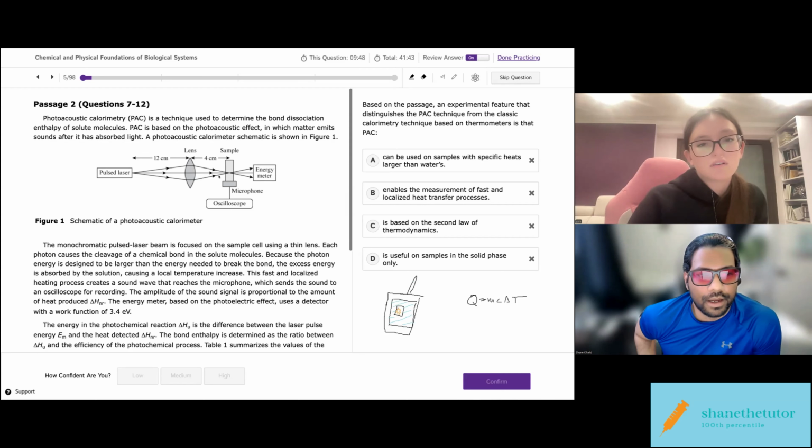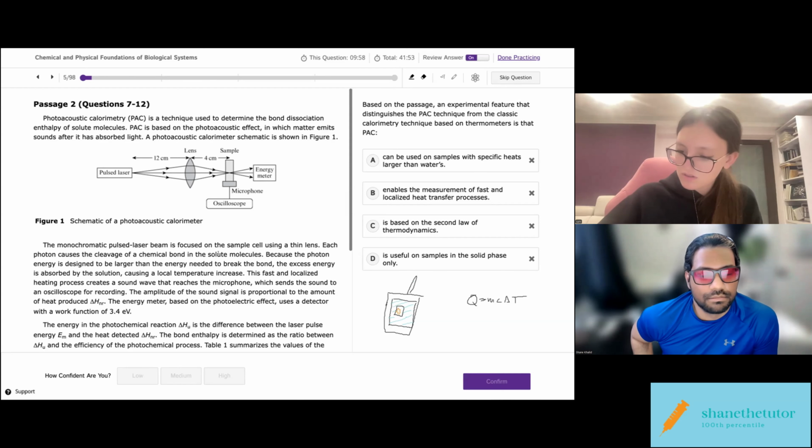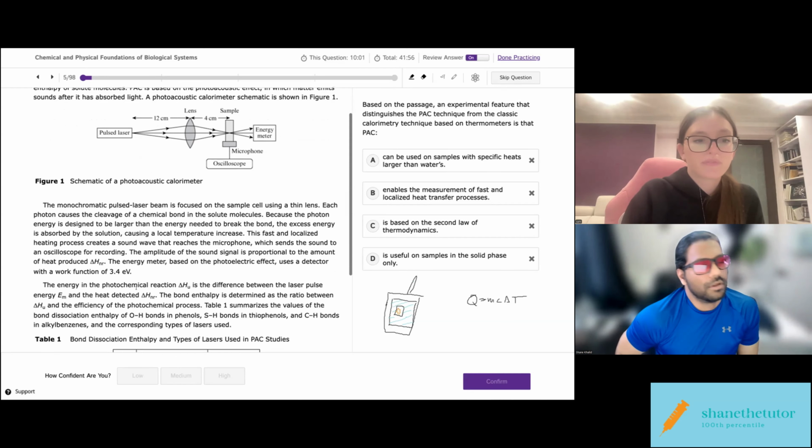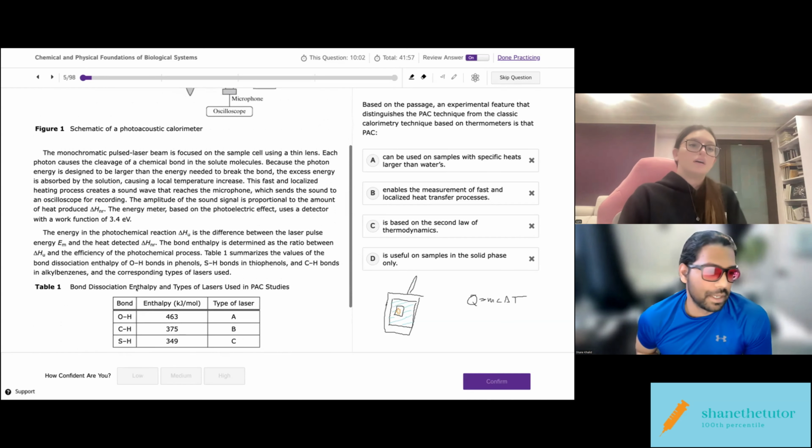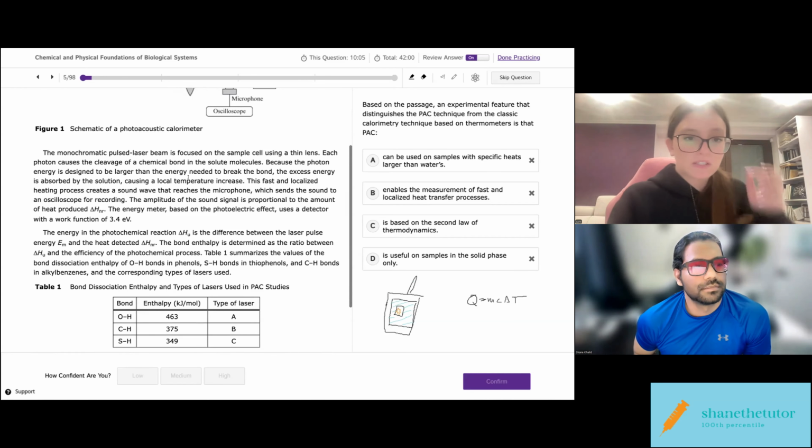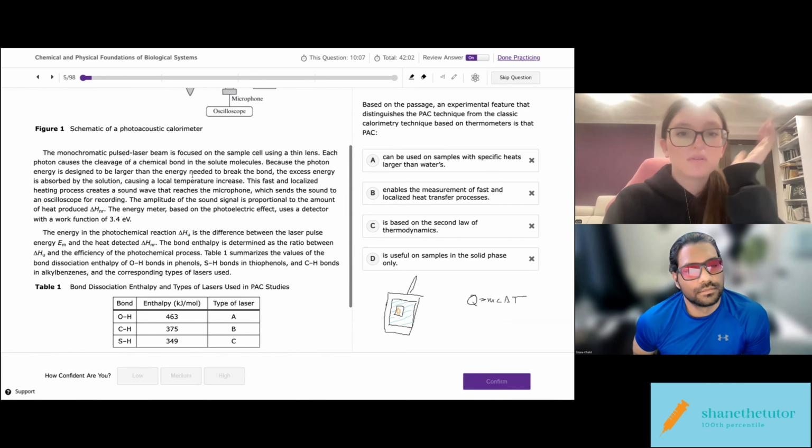I just wanted you to see that there's a lens here, and that's going to be relevant. The monochromatic pulse laser beam is focused on the sample cell using a thin lens. What does monochromatic mean? One color.